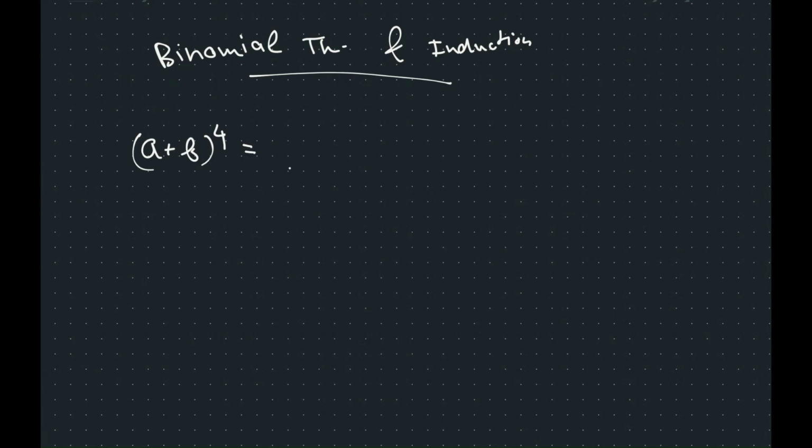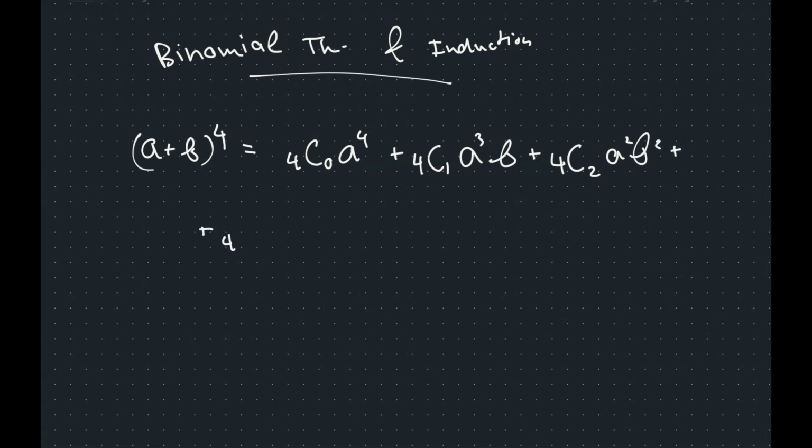It is just 4, so 4C0, and then we will have a to the power of 4, and then plus 4C1 times a to the power of 4 minus 1, which is just 3, and then b to the power of 1, plus 4C2 a to the power of 2, b to the power of 2, plus 4C3, and then a to the power of 1, b to the power of 3, and then plus 4C4, and then I will have b to the power of 4.